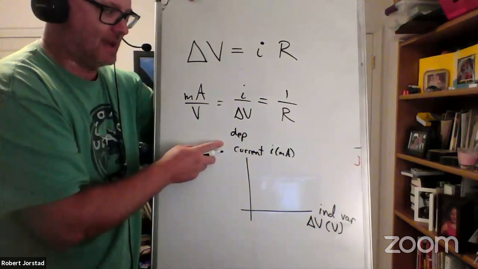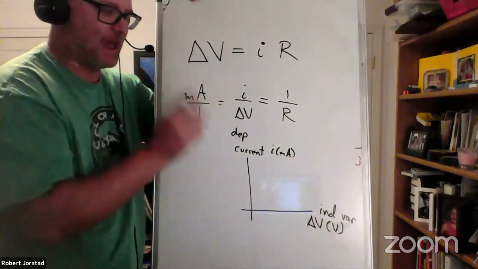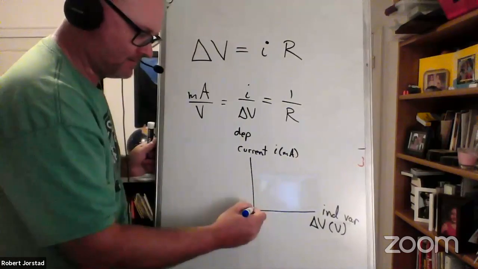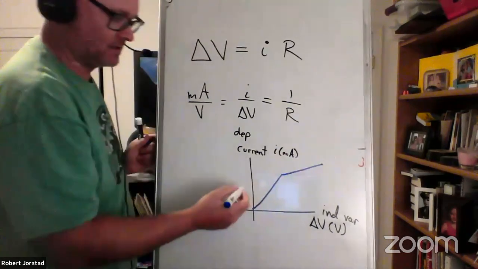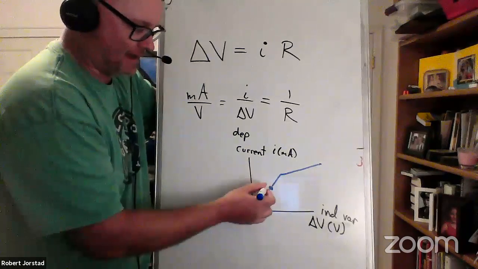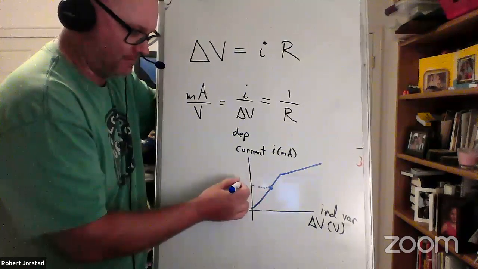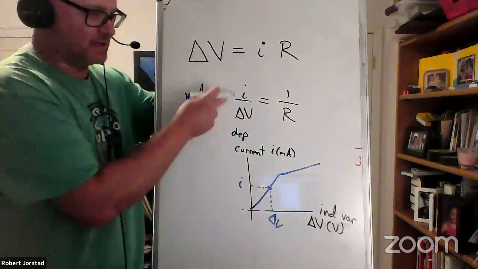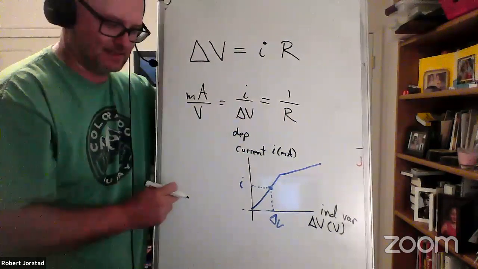From that, I see there's an inverse relationship. So this is my attempt to draw that plot. At any one point on the plot, I could take the current value and divide it by that voltage value, and that's going to give me 1 over the resistance.